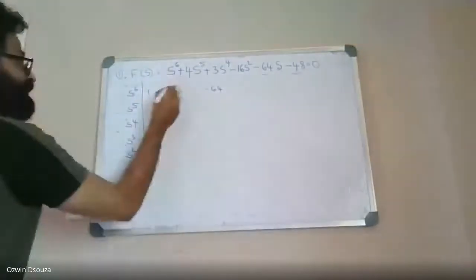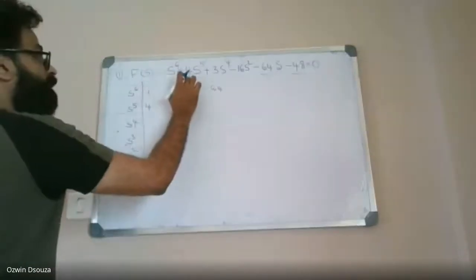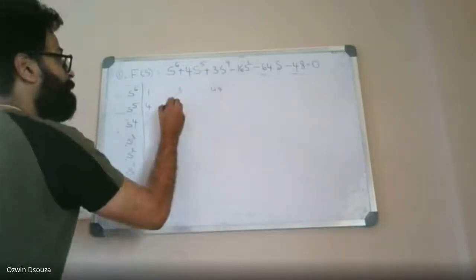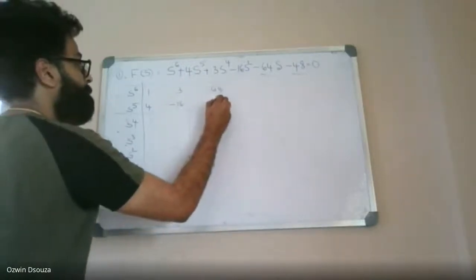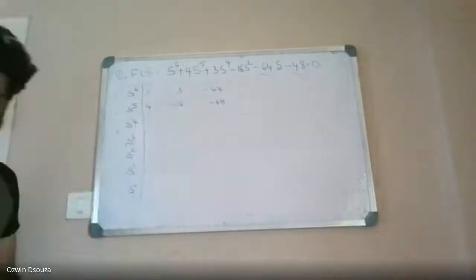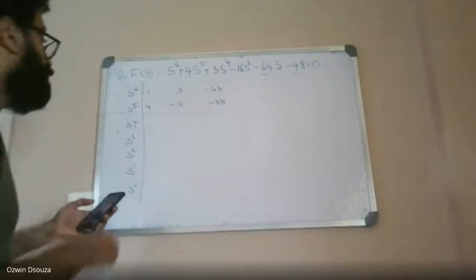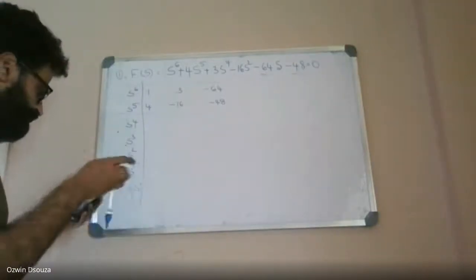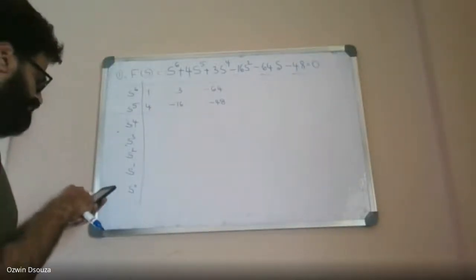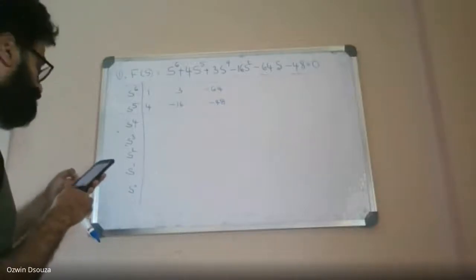Done. Then the missing terms: 4, minus 16, minus 40. So the first 2 rows are constructed from the elements of the RH table, and you can start finding out the remaining elements.